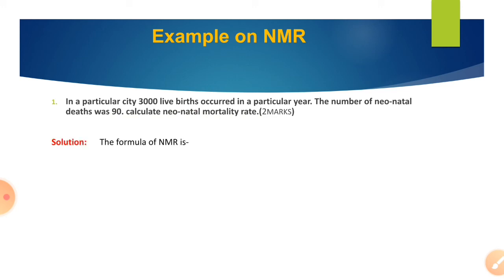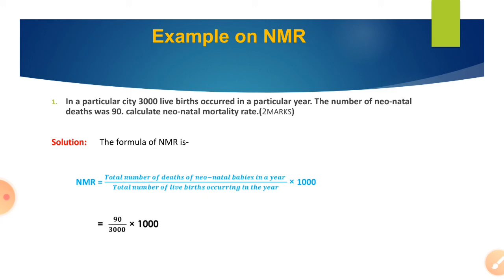Solution: as we know, the formula of NMR is the total number of deaths of neonatal babies in a year divided by the total number of live births occurring in the year, into 1000. Substituting the values, 90 divided by 3000, into 1000. So NMR is equal to 30.